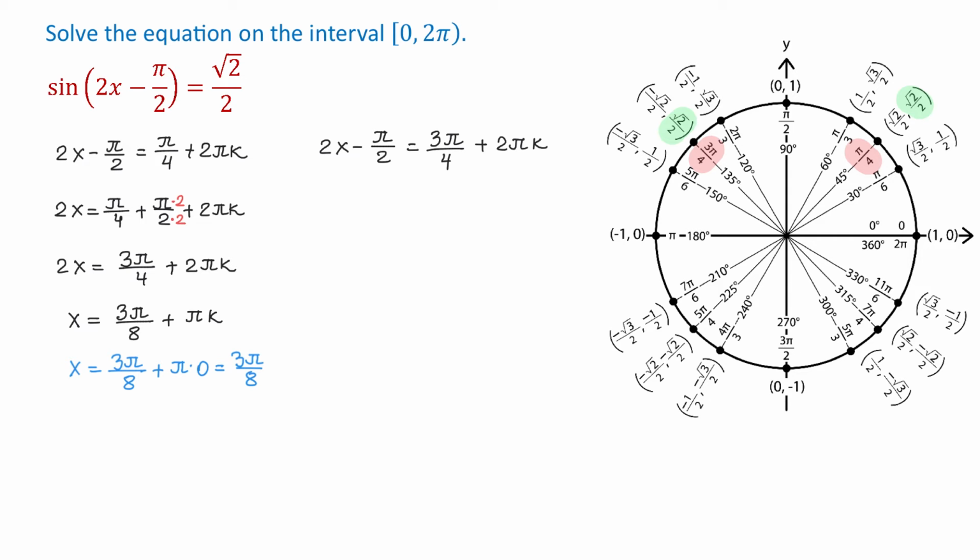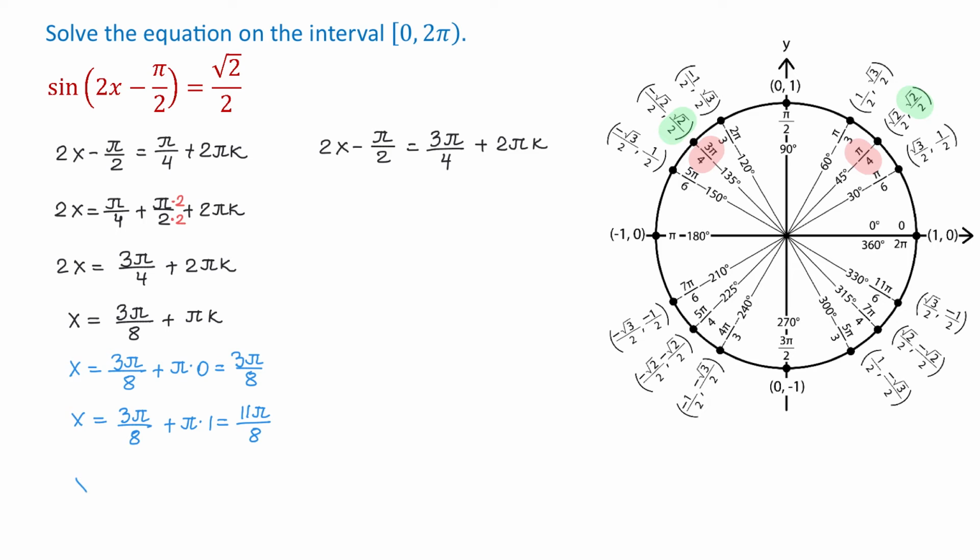And indeed, this value is on the interval from 0 to 2 pi. Next, I will replace k with 1, and I will have x equals 3 pi over 8 plus pi times 1. Then this will be equal to 11 pi over 8. And this is another value on this interval.